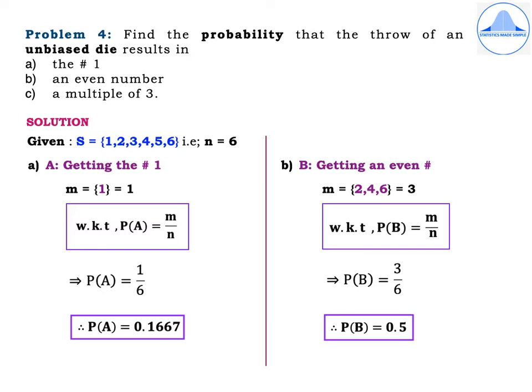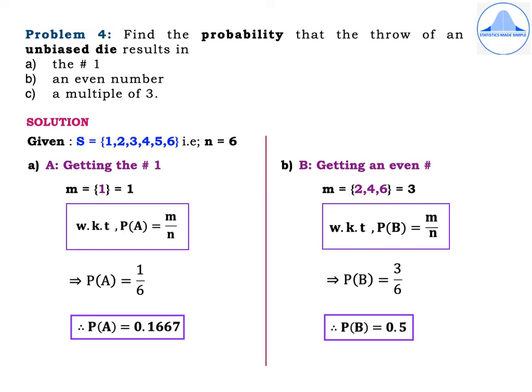Next, start with the first subdivision, subdivision A. Define event A. The event is always defined in capital letters. So A is getting the number 1. So m is equal to {1}, which is equal to 1. What is m? m stands for the number of outcomes which are favorable to event A, and in this case it is 1.